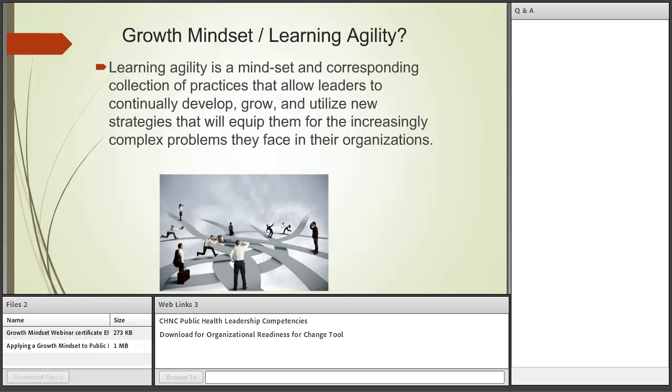for those who are in a growth mindset mode, when you apply the learning agility practices, you develop, you grow, and when you use the learning agility strategies, you are more effective. You equip yourself to deal with complex problems that you face in your work.